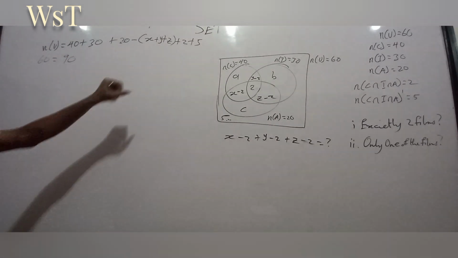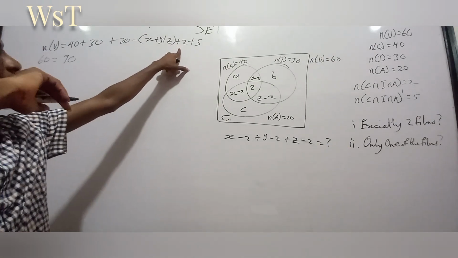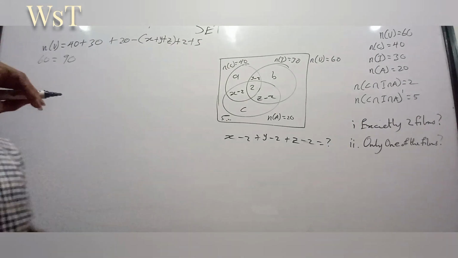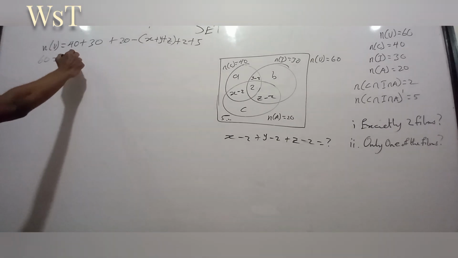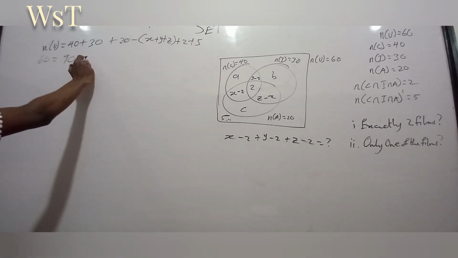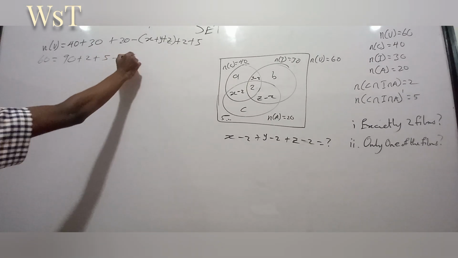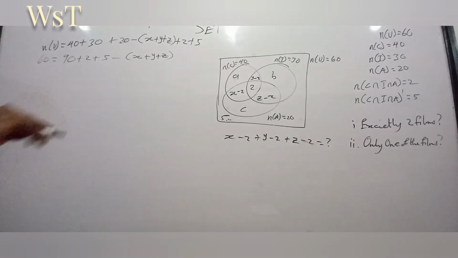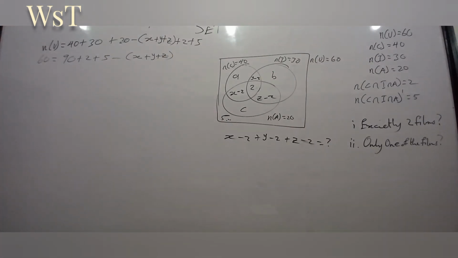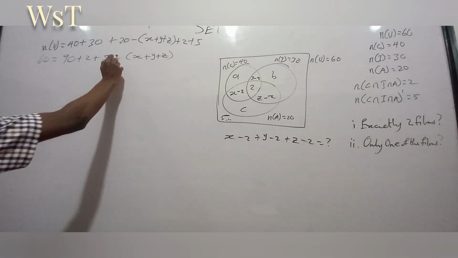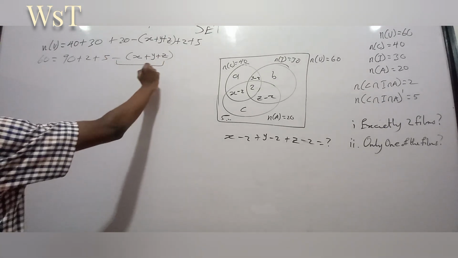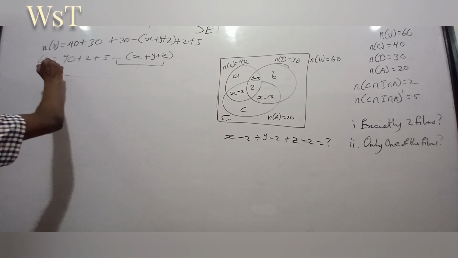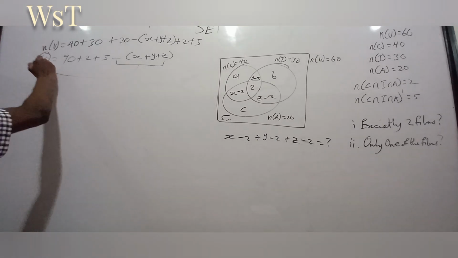90 plus 2 plus 5 minus x plus y plus z, isn't it? Right? Good. Since this is negative, we can bring it to the other side of the equation, then bring this 60 here.